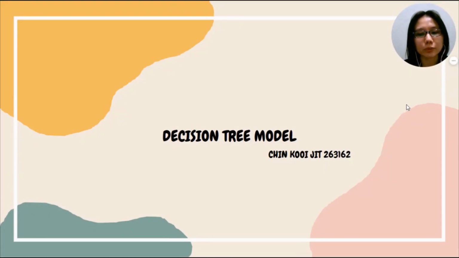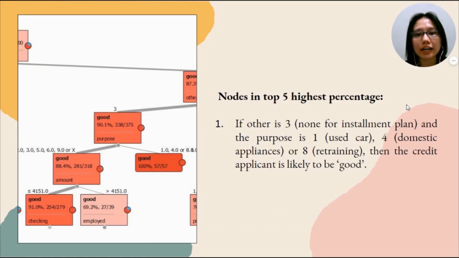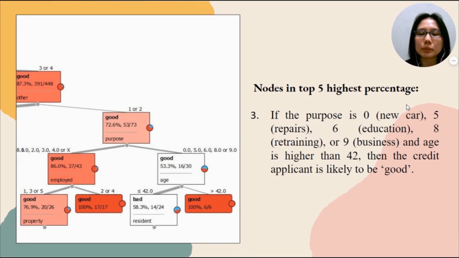For the decision tree model, we discovered that the tree roots for each parameter are exactly the same. So we conclude the nodes with the top 5 highest percentages. First, if other is 3 and the purpose is 1, 4, or 8, then the credit applicant is likely to be good. If the purpose is 1, 2, 3, 4, or X, which is none, and the employment status is 2 or 4, then the credit applicant is likely to be good. If the purpose is 0, 5, 6, 8, or 9, and the age is higher than 42, then the credit applicant is likely to be good.